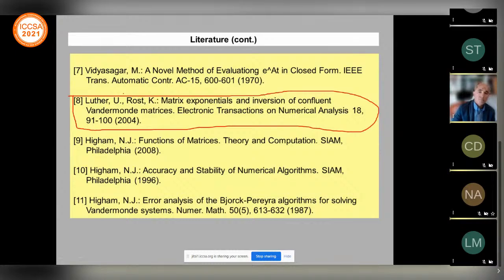That is interesting, but in this presentation the confluent van der Monde matrix was only a tool to find the exponent of a companion matrix. Another famous author is Higham.